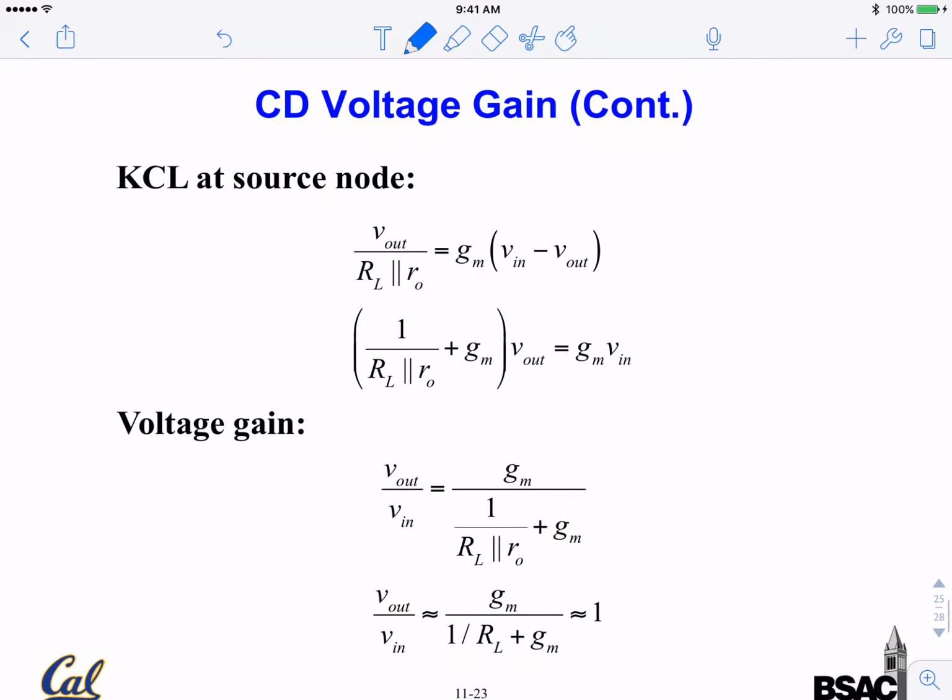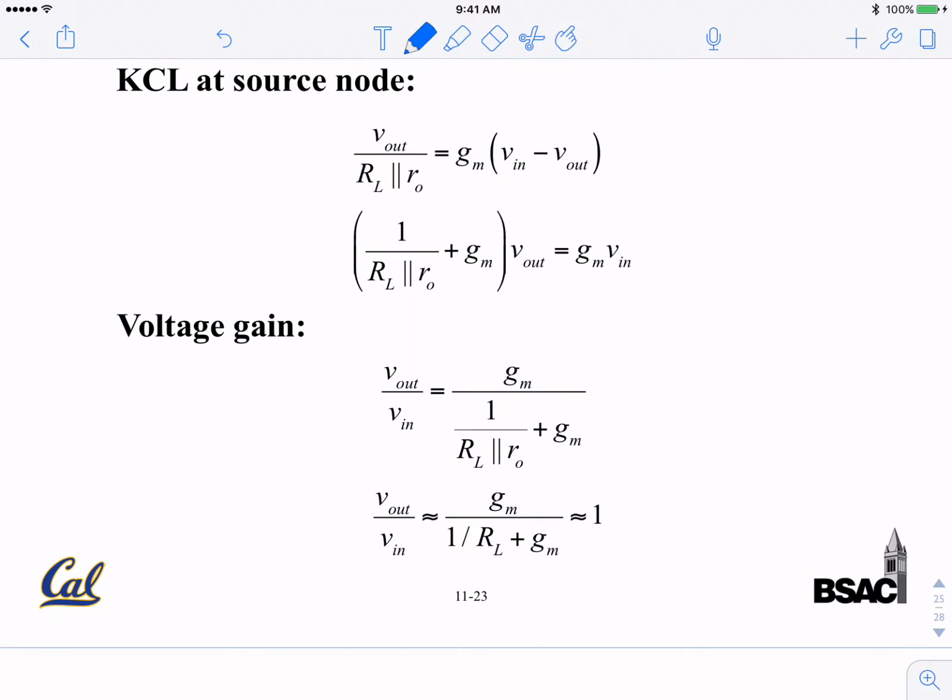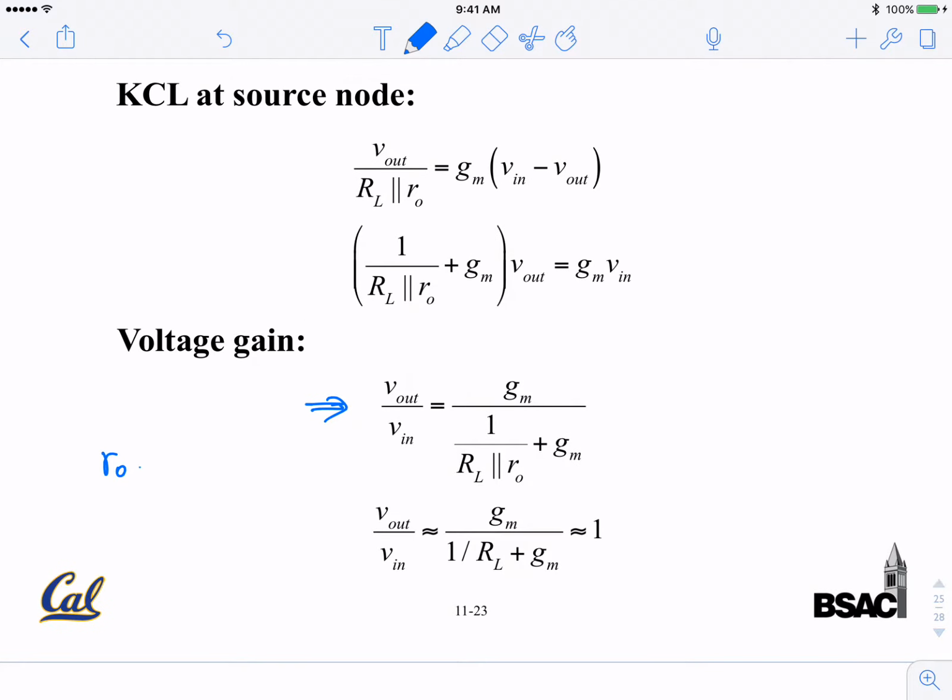So this is the voltage gain. We got this expression, and you can rearrange it a little bit. Usually we say RO is large, something like 200 kilo ohm, and RL is usually something like 10 kilo ohm.